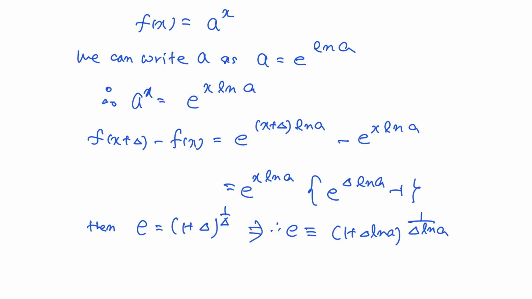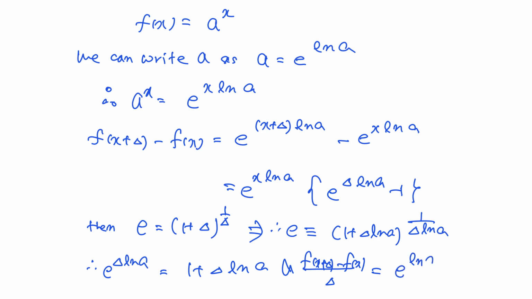Therefore, e to the delta ln a is 1 plus delta ln a. And [f(x plus delta) minus f(x)] over delta is given by e to the x ln a times ln a, which is given by a to the x ln a.